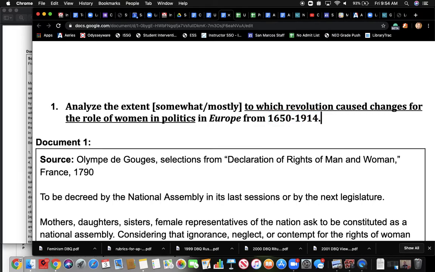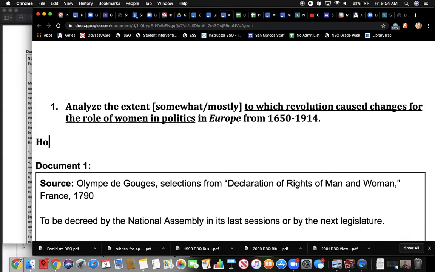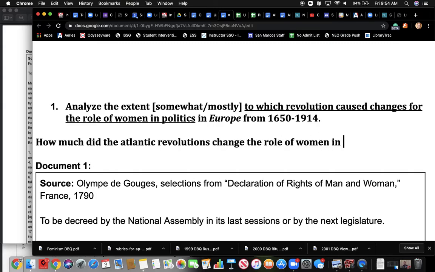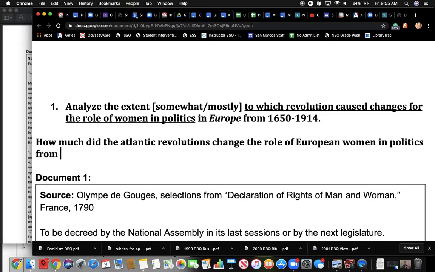In general, we're saying, how much did the Atlantic revolutions change the role of women in politics, of European women in politics, from 1650 to 1914?